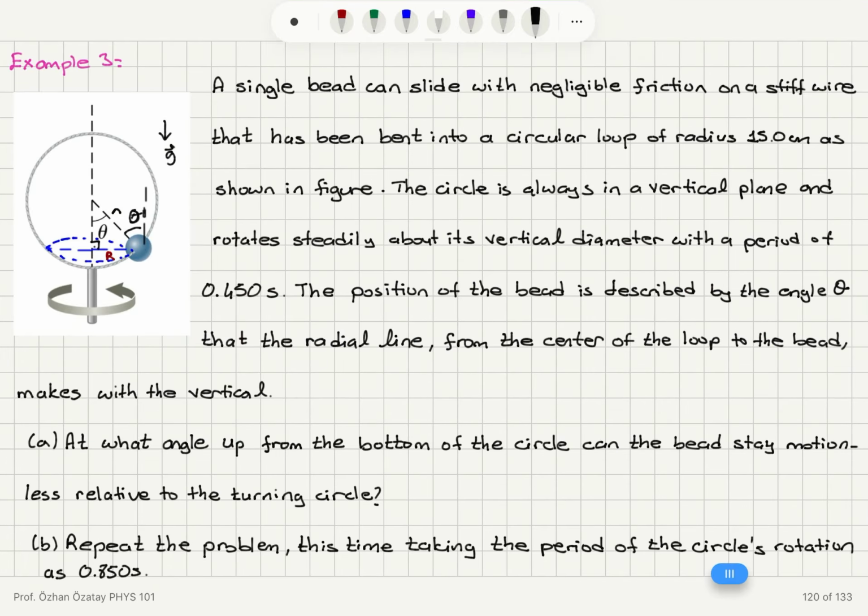Okay, so in this problem we had this bead that is connected to this circular wire, and as the wire rotates around its vertical axis, the bead stays motionless with respect to the wire, performing uniform circular motion. For given periods of 0.45 seconds and 0.85 seconds, we were asked to find the equilibrium angles for which this bead would stay motionless relative to the wire.